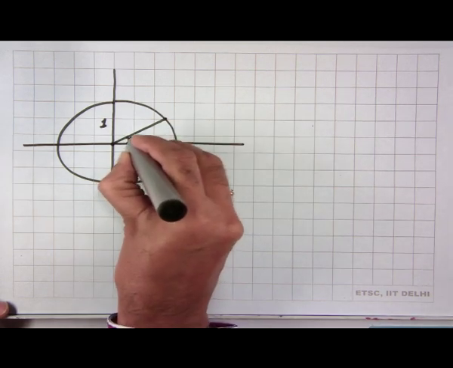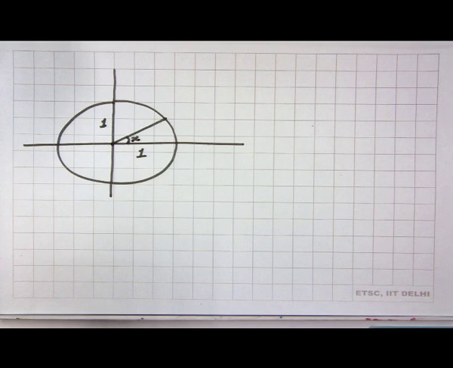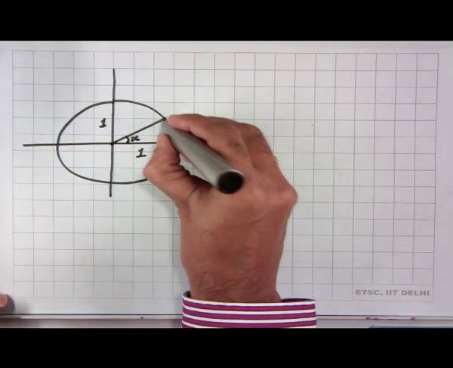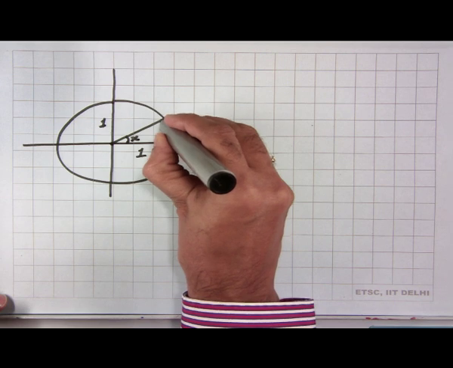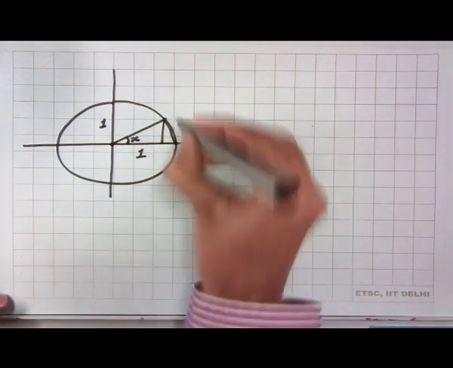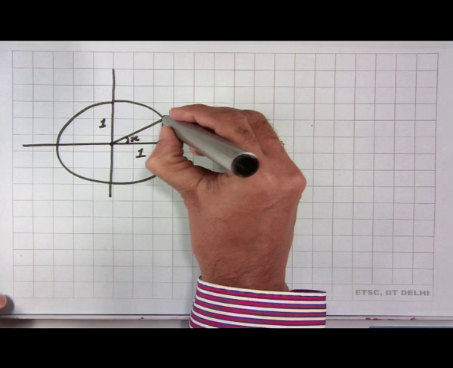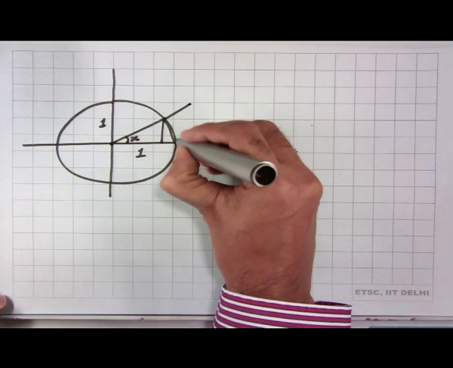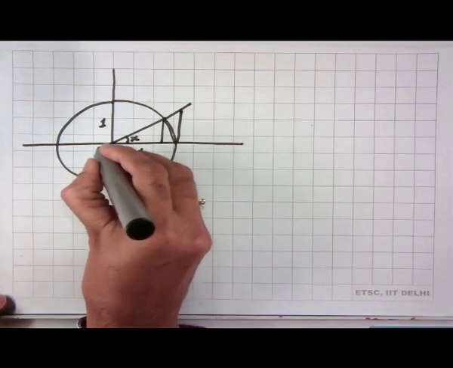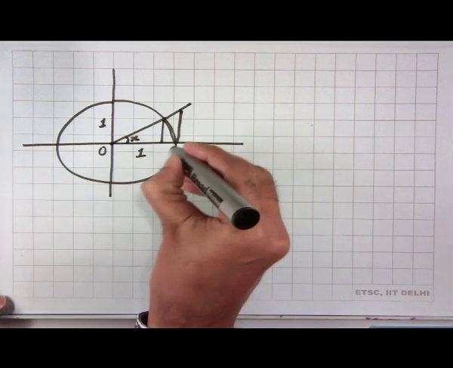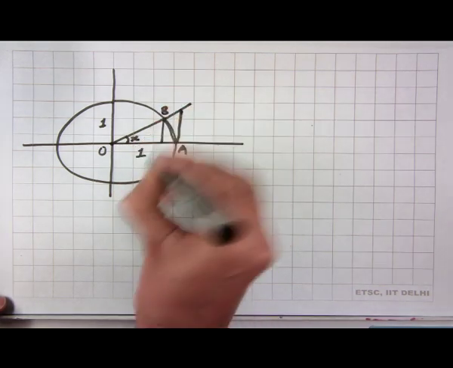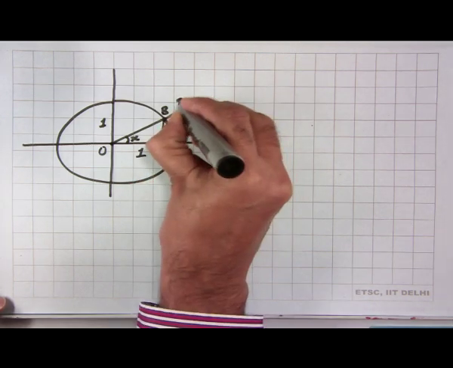So, this is x in radian, and let me draw this triangle, and let me join these 2 points, and we will also extend this and then draw a perpendicular here. So, let me mark these points. I have O here, A, this point is B, this is C, and this is D.